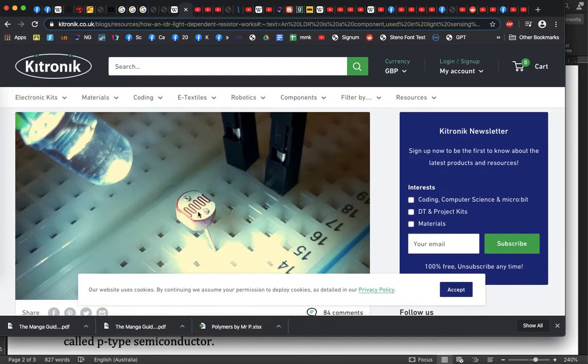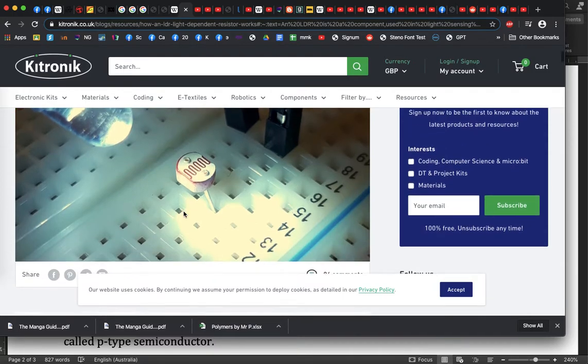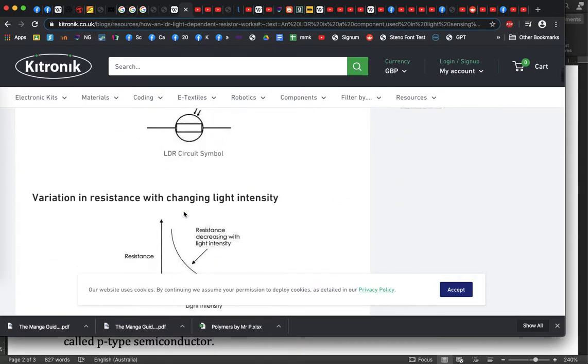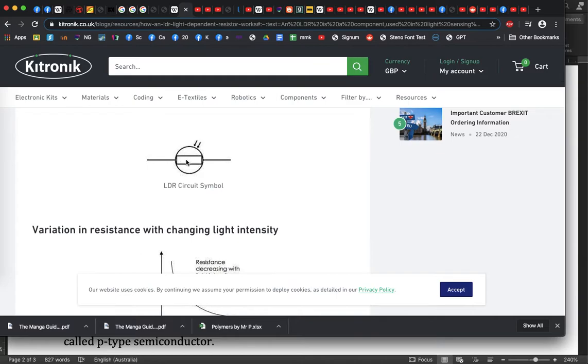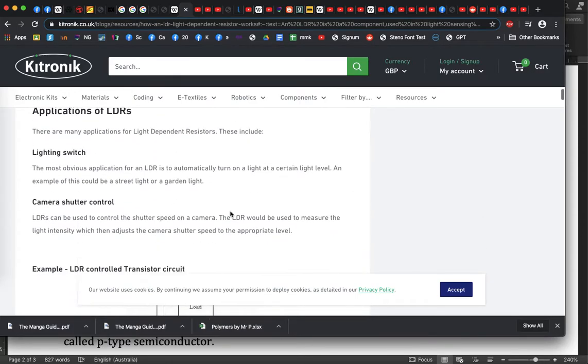LDRs are light-dependent resistors, and their resistance will change depending on the amount of light that hits them, and their symbol can look like that. Obviously, that rectangle can also be drawn as a zigzag. What we draw is the two arrows, which represent light hitting the resistor.